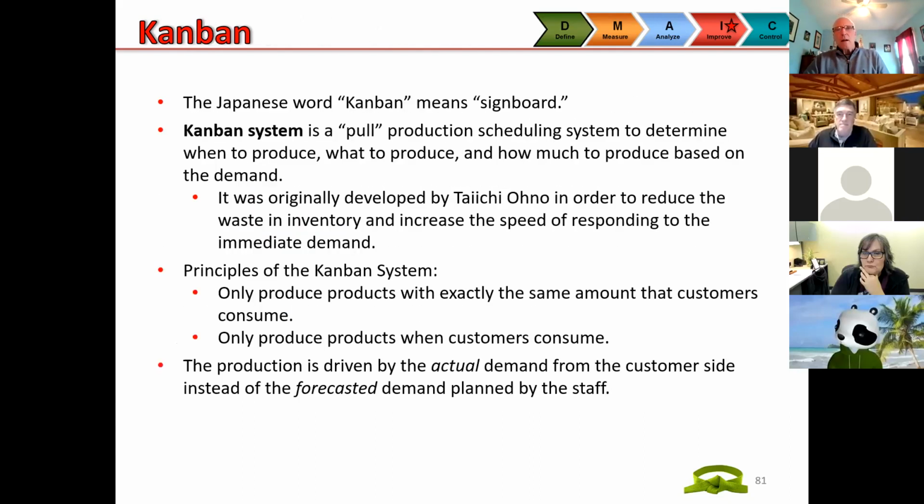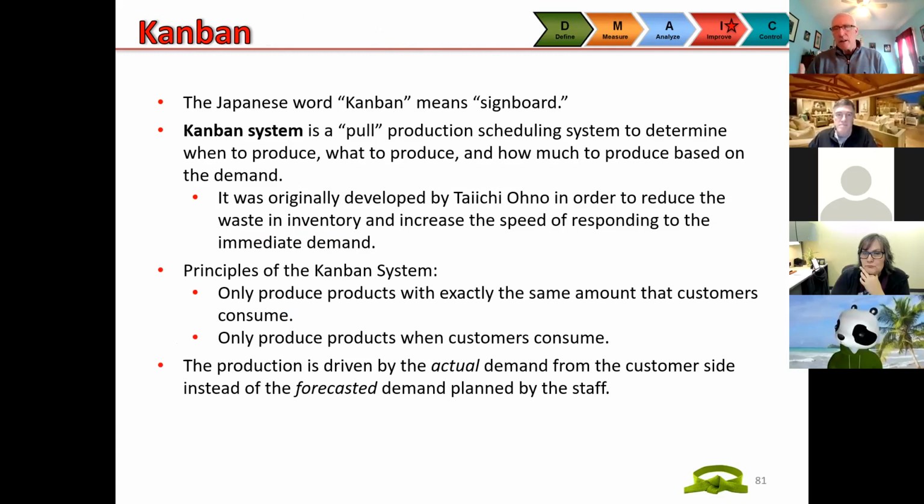So Kanban, this is a tool that means, in Japanese, I guess, signboard or signal. And largely when we talk about Kanban, I like to think about the grocery store, because that's where Taiichi Ohno and others, when they came to America to visit, were just enthralled by how our supermarkets worked.